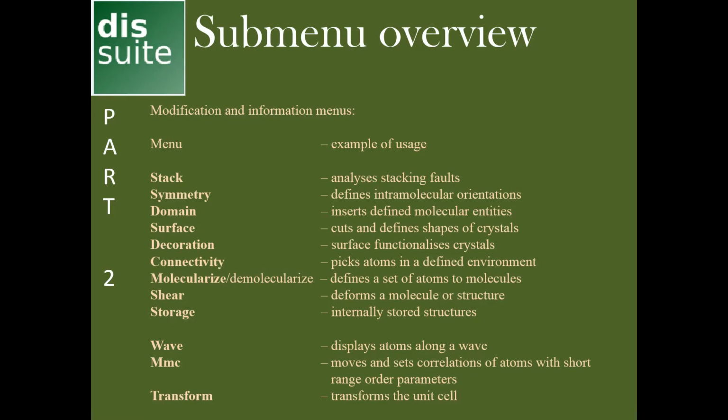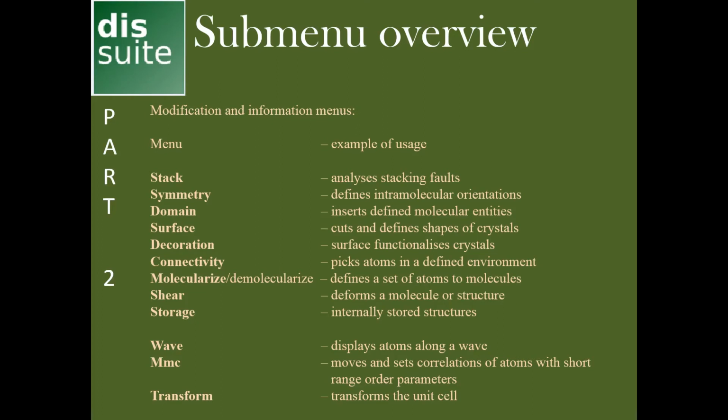Again, to list a few of the other menus which are available, we can see them here, which starts with the stacking menu, so stack, which allows you essentially to layer different crystal structures on top of each other. The symmetry menu allows you to translate or to rotate your crystal structures.